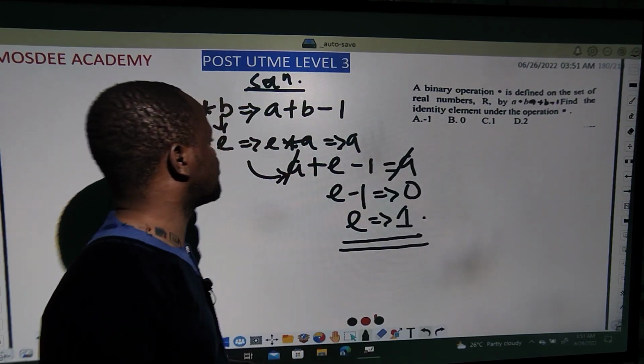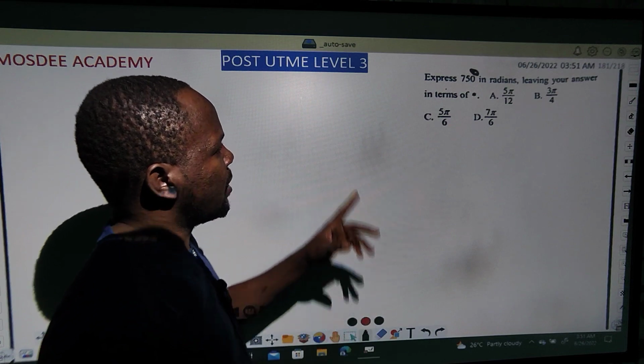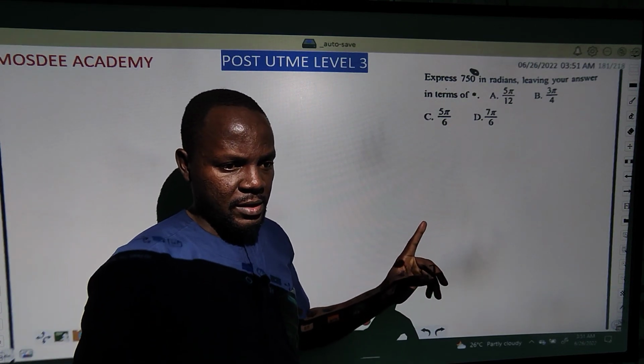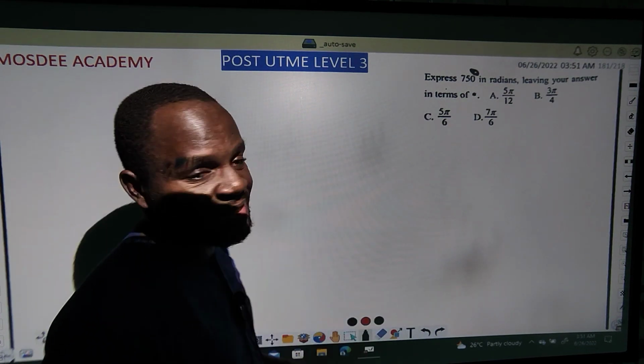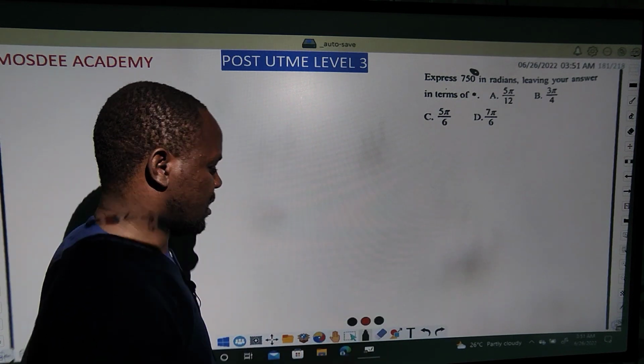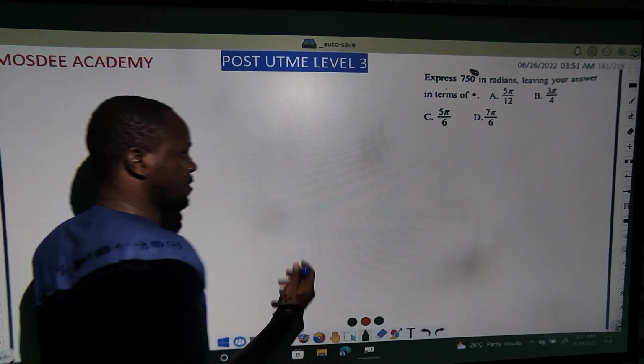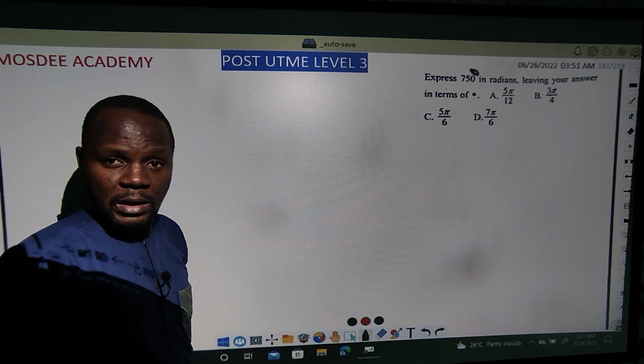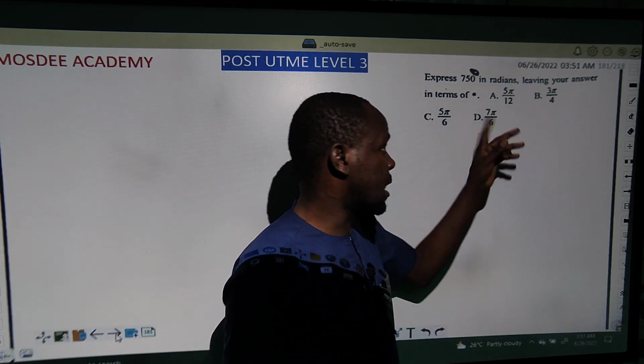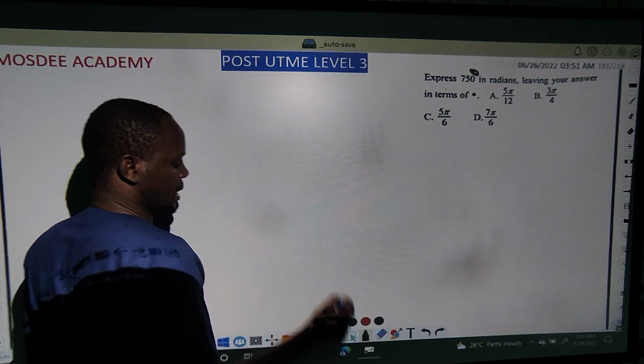Next, please. Thank you, Admin. Now, here we have 75 and not 750, right? 75 degrees in radians. I think this came out in the further math that we did yesterday, if you are following the stuff on our online page, converting radian to degree.